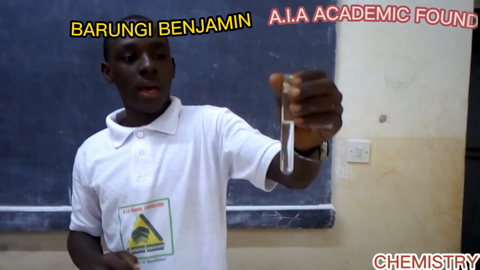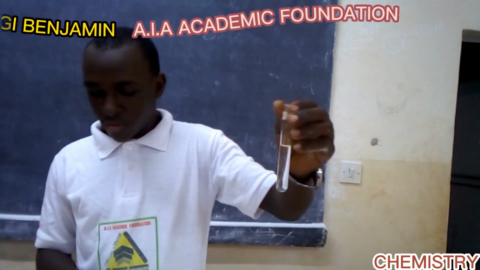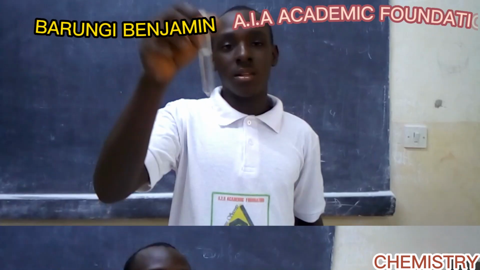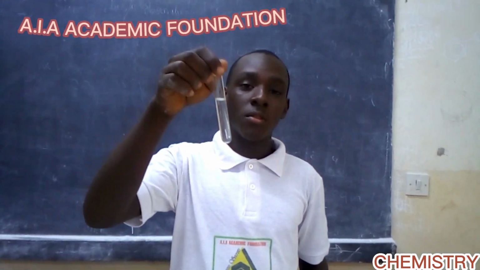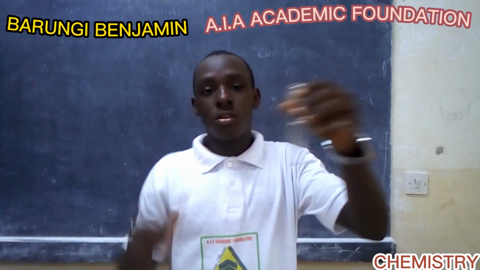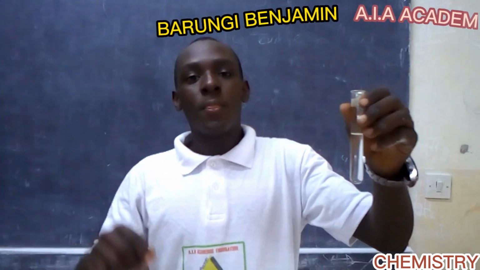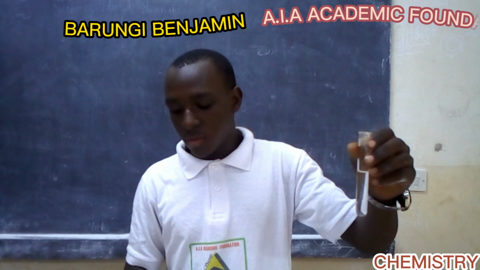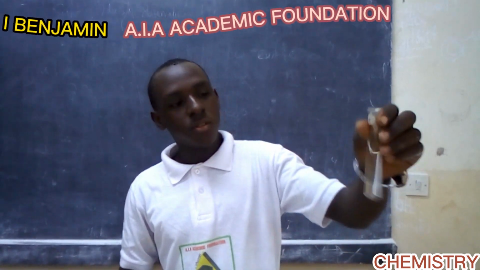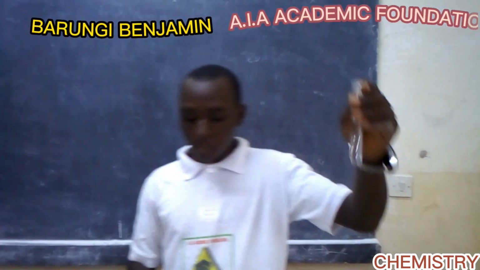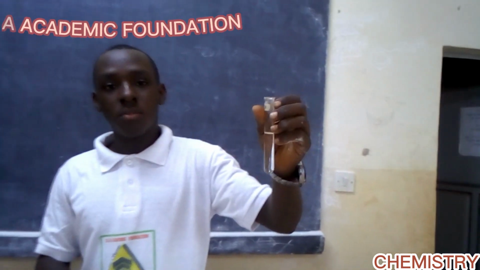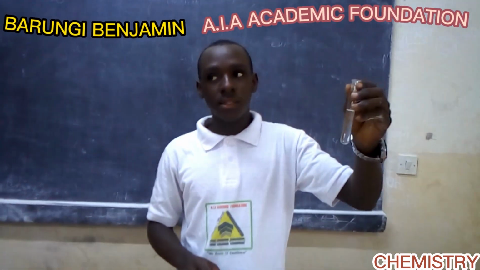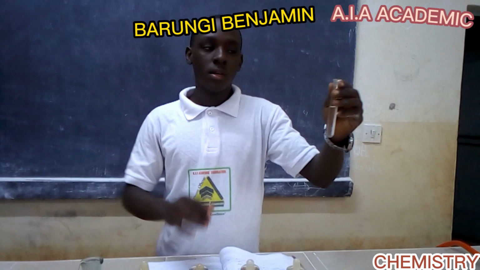So in our observations, we shall say the white precipitate later dissolved on addition of sodium hydroxide in excess. This shows there could be presence of zinc 2 ions, aluminium ions, and lead 2 ions. So in our deduction, we shall say zinc 2 ions, aluminium 3 ions, and lead 2 ions are detected present.